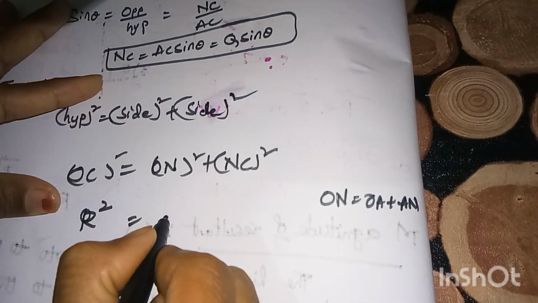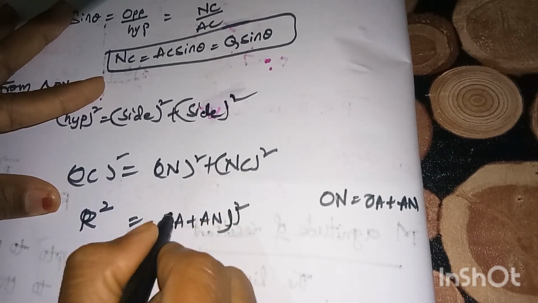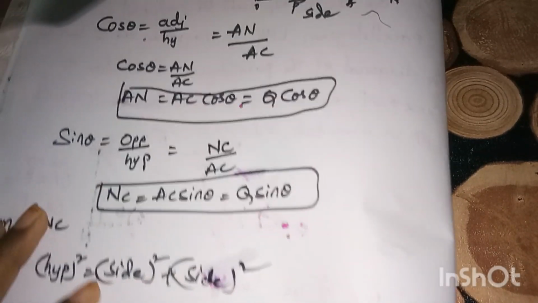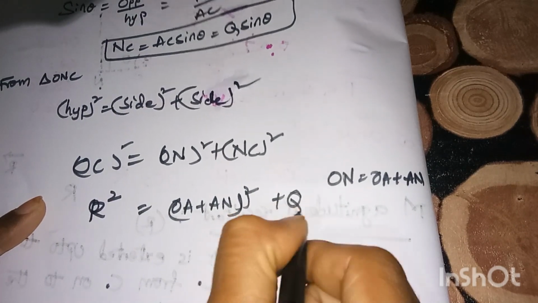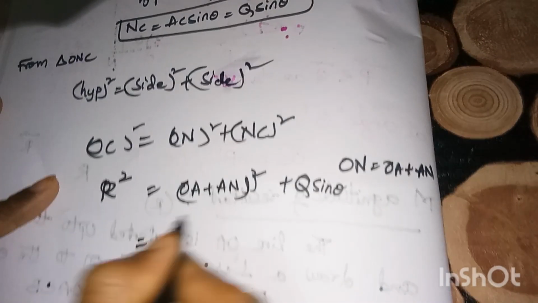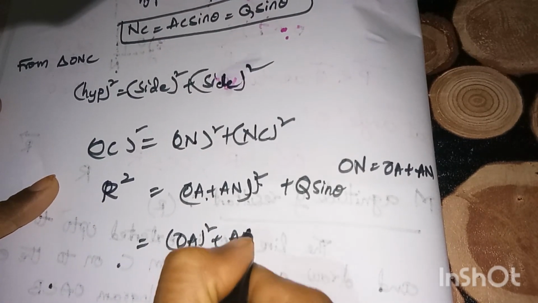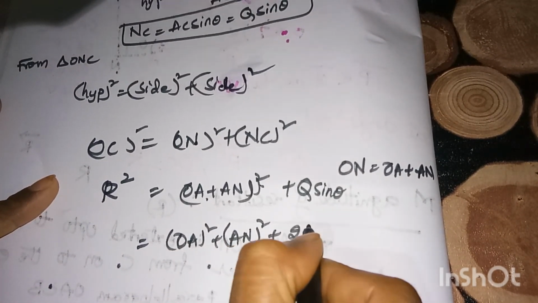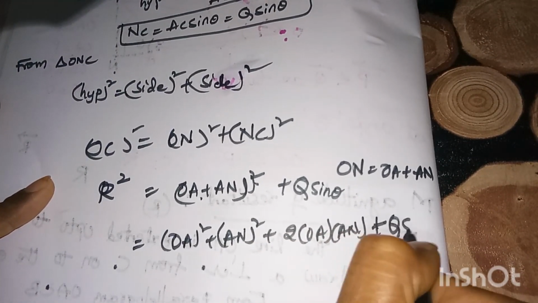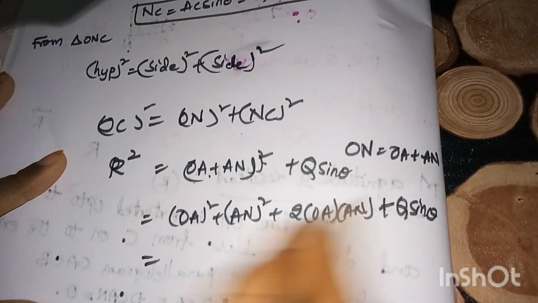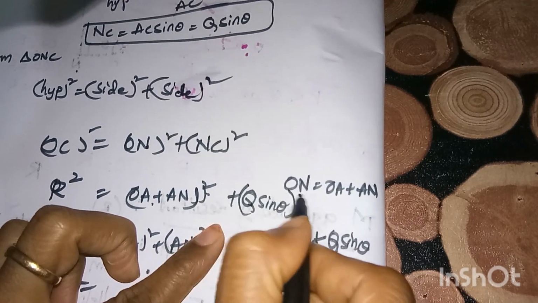So substitute here: OA plus AN whole square plus NC whole square. NC means Q sin theta. A plus B whole square is A square plus B square plus 2AB, so OA square plus AN square plus 2 OA AN, plus NC, which is Q sin theta whole square.